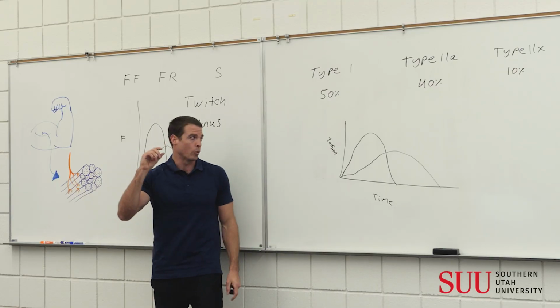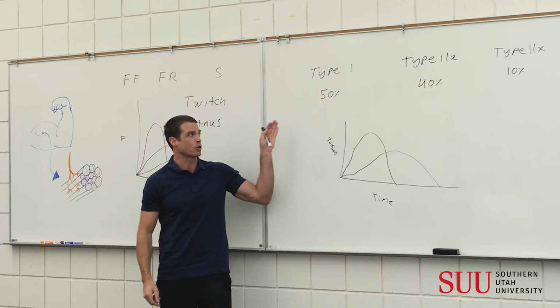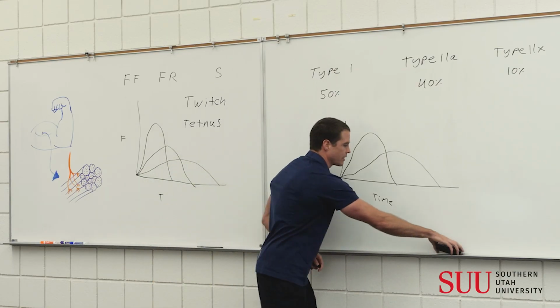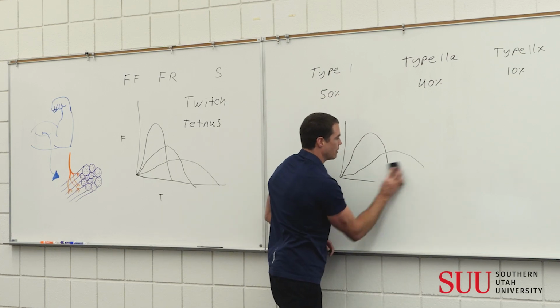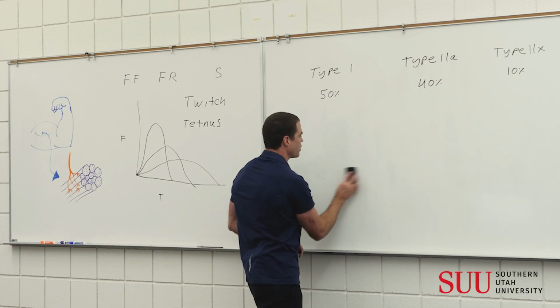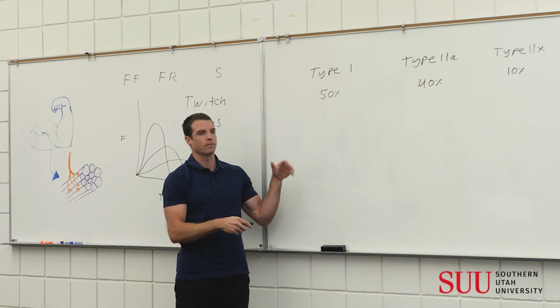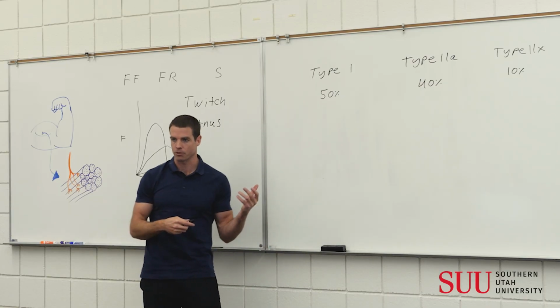Now, we can continue thinking about some of the characteristics of these muscle fibers, right? So remember, just a couple things to think about. And this should all make sense to you with the different properties of each of the muscle fibers, right?